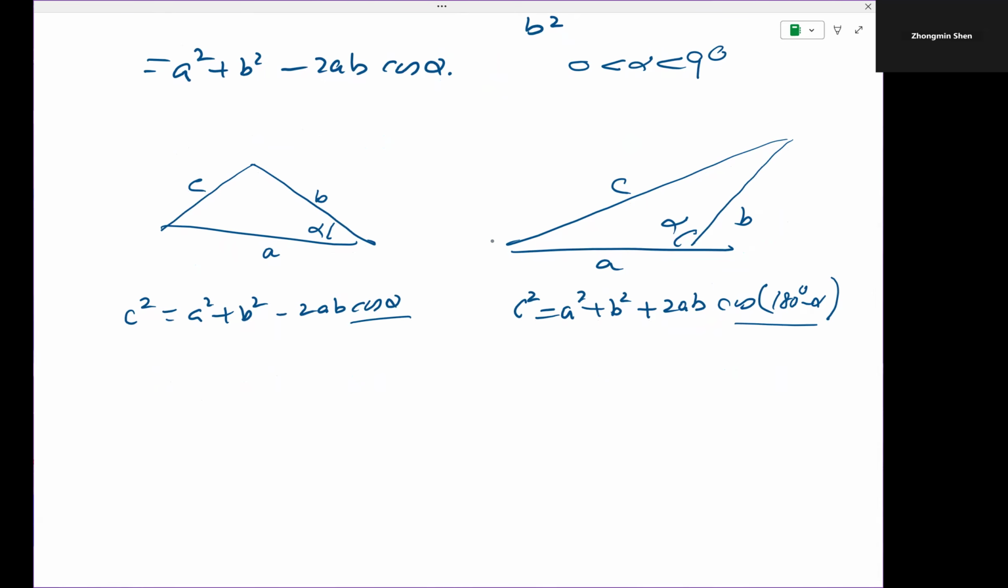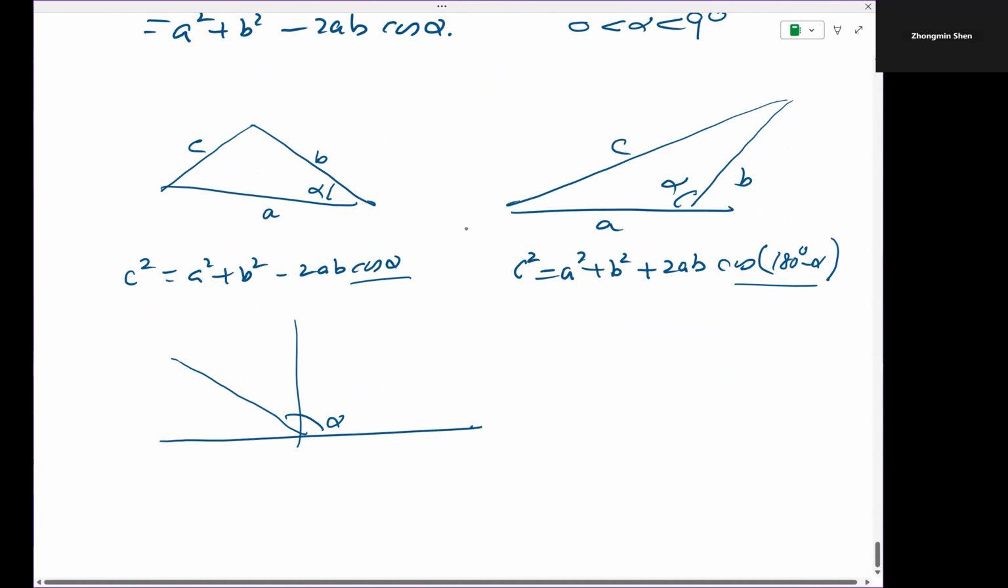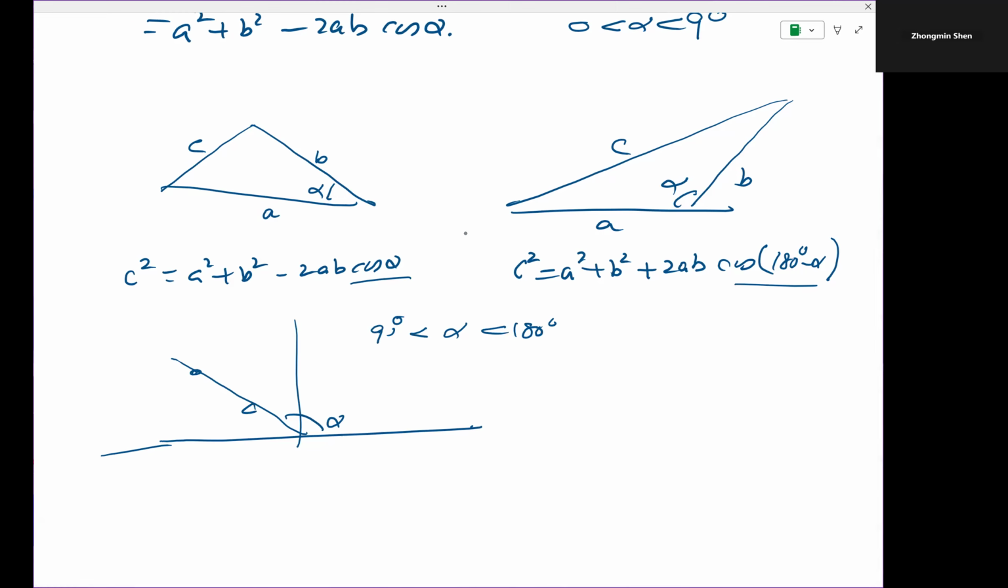If alpha is greater than 90 degrees, let's see, that's an interesting problem here. If this is alpha, between 90 degrees and 180 degrees, so what happens? This is C, that's A and B, and this will be 180 degrees minus alpha.